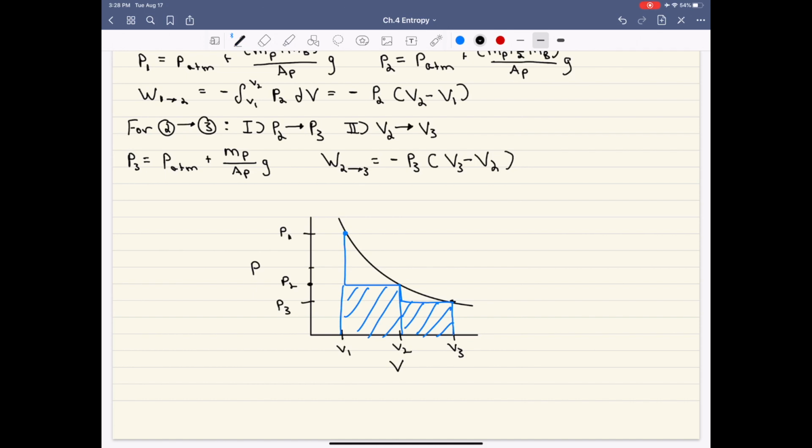if we go from 1 to 3 entirely, is just going to be the sum of the work going from states 1 to 2 and then states 2 to 3. So we write it out like this.